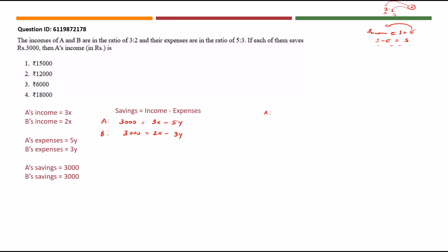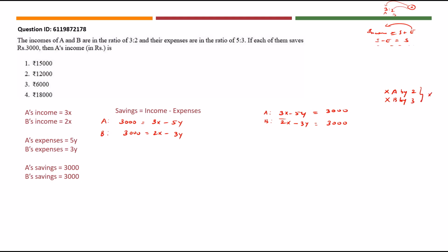Let's take A equation in the form of 3x minus 5y is equal to 3000 and B equation will be 2x minus 3y is equal to 3000. Now we have to cancel some terms. So there are two ways to carry out this. Multiply A by 2 and multiply B by 3.